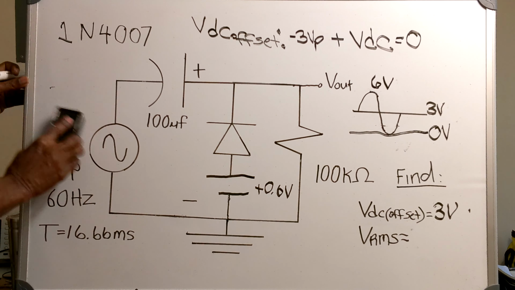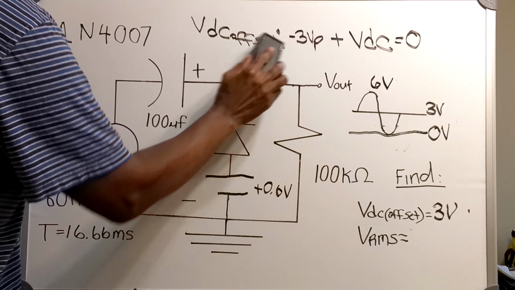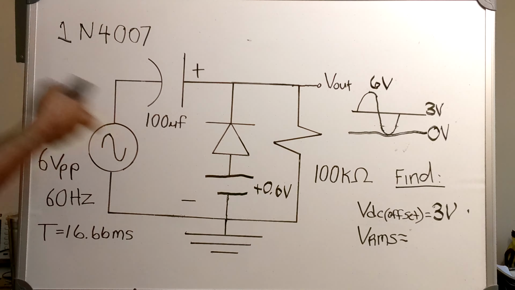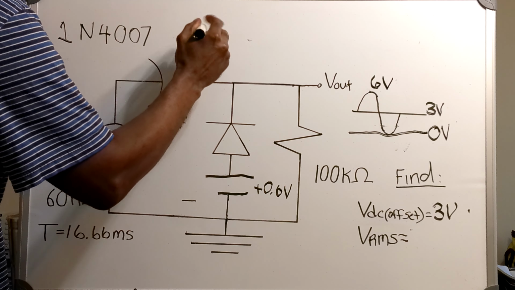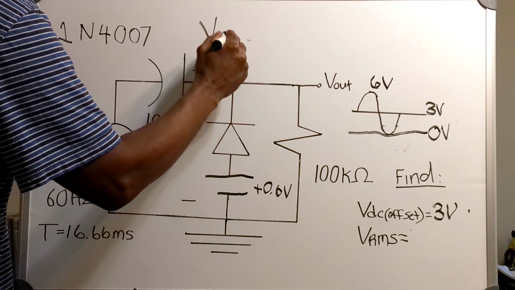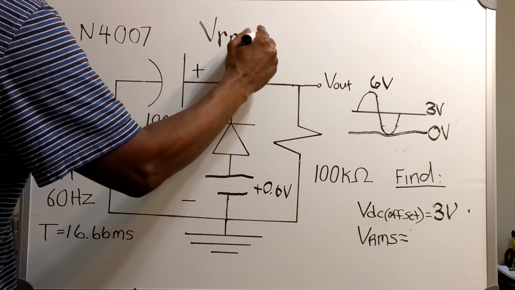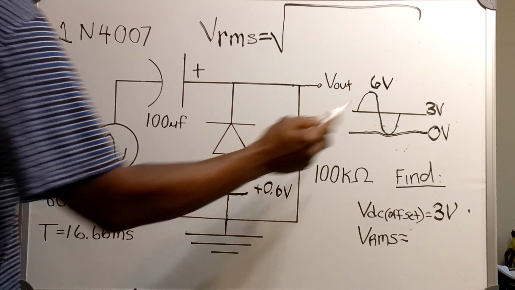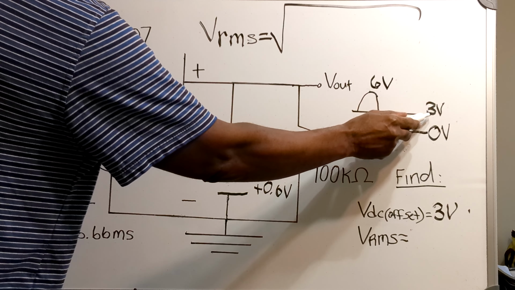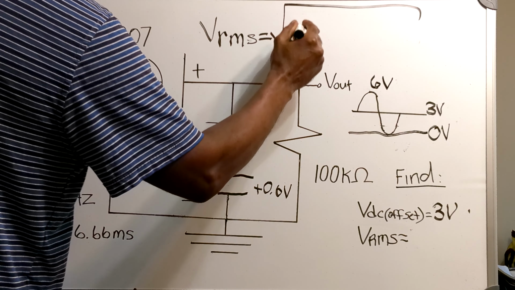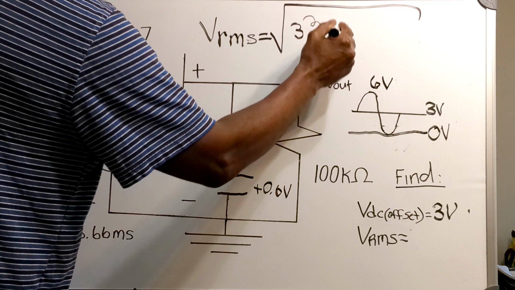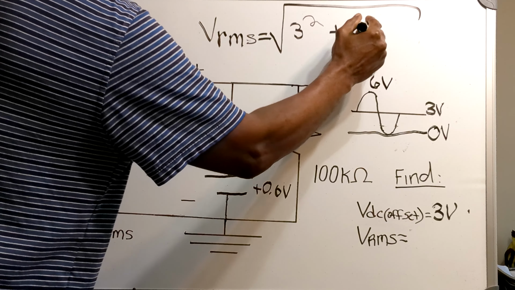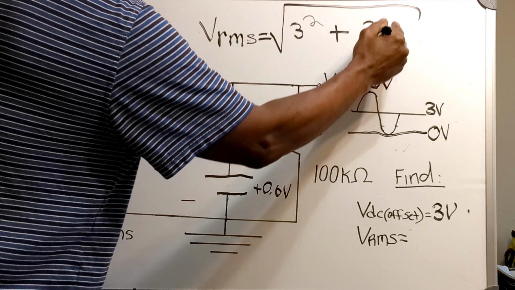Now, I'm going to find the RMS value. Volts RMS equals the square root of the 3 volt offset squared plus the 3 volts peak squared.